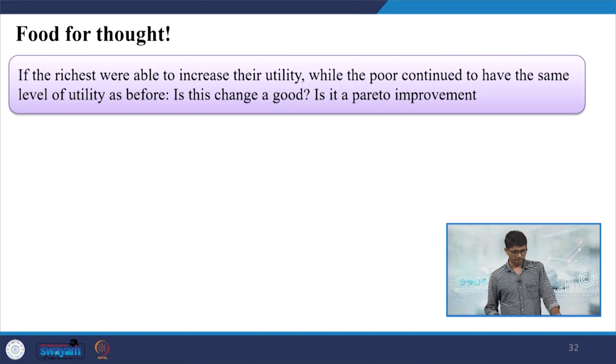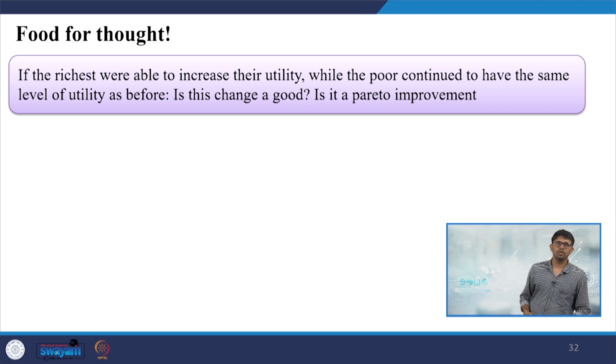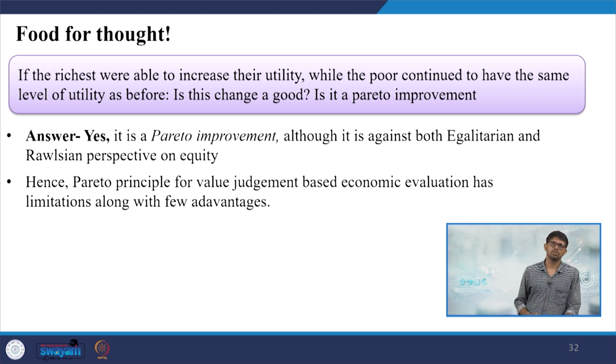So, one food for thought is here: if the richest people were able to increase their utility while the poor continued to have the same level of utility as before, is this change good, or is it a Pareto improvement? So, the clear answer is of course yes, it is a Pareto improvement, although it is against both the egalitarian and Rawlsian perspectives on equity.